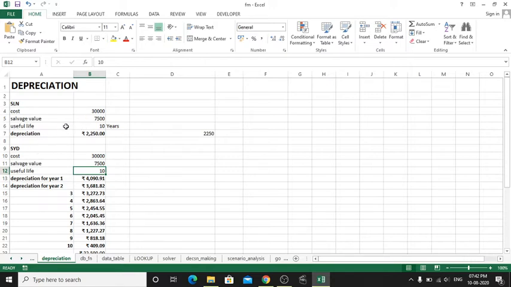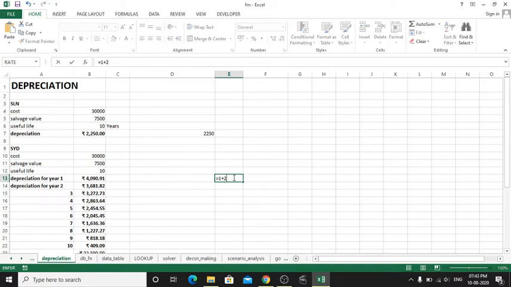See, SLN had only a single period, while for SYD it has a number of years or number of periods, according to the useful life. So the SYD function performs the calculation like this: we will consider the useful life as 10 here and find out the depreciation year by year. Before that we have to calculate the sum of 1 to 10.